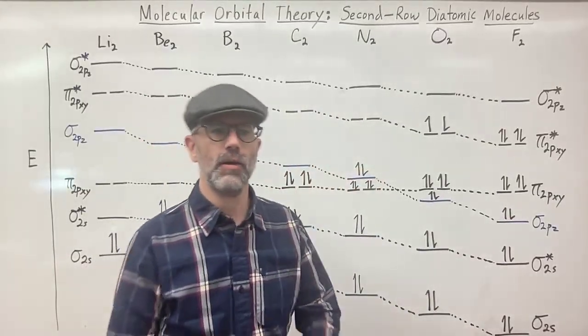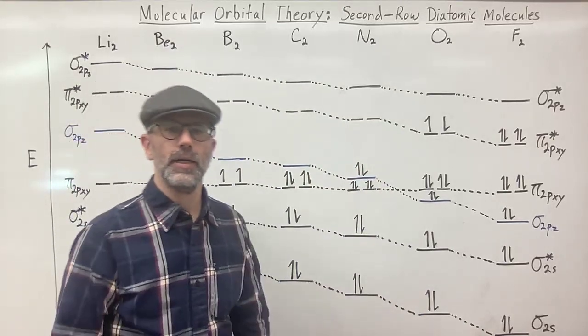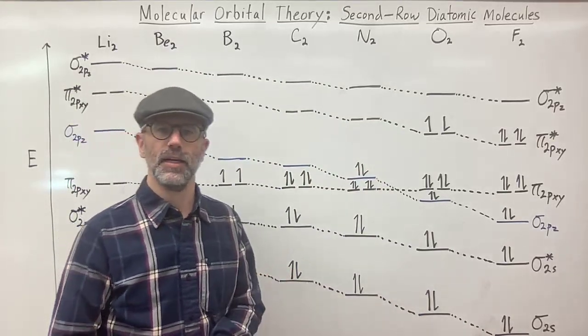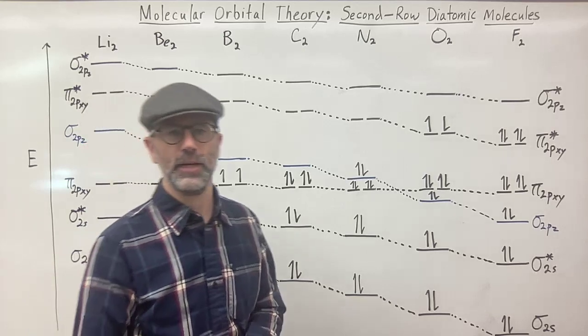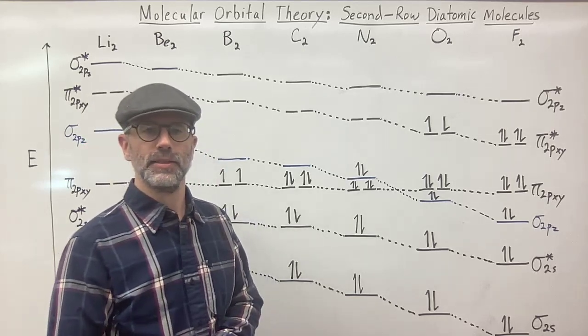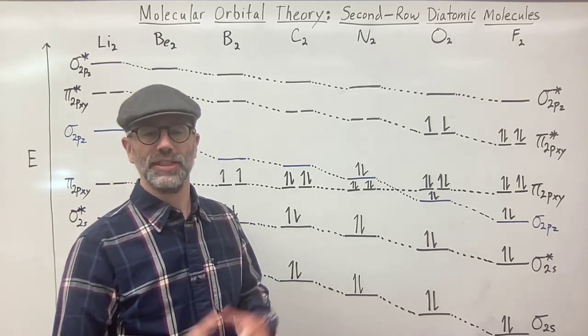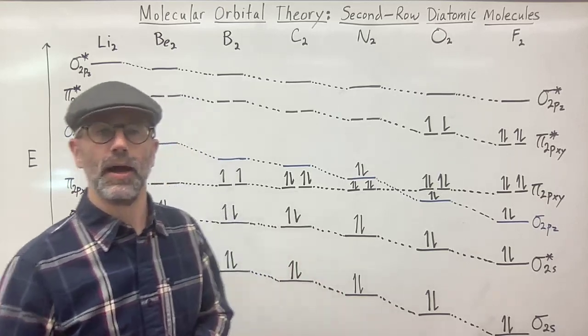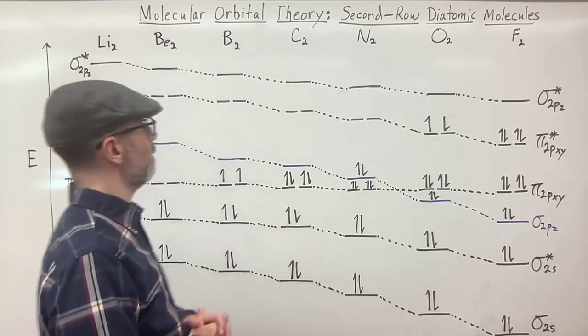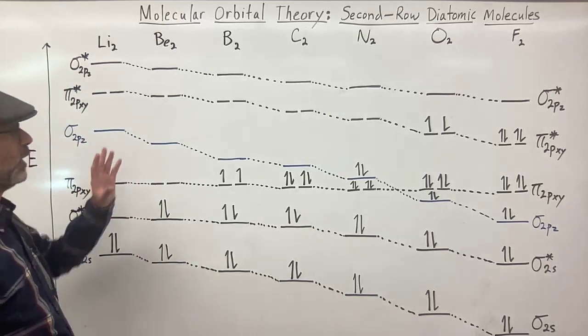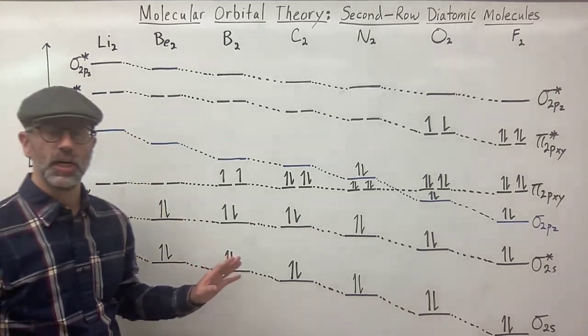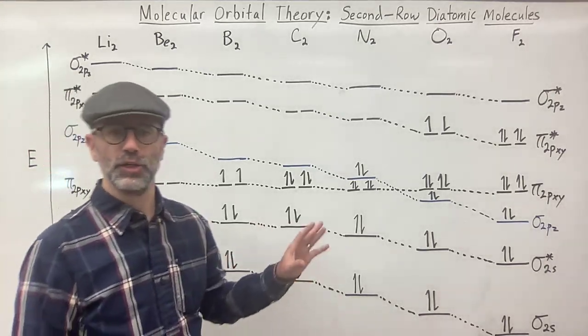Okay, so let's talk about this difference in the molecular orbital energy diagrams for the second period molecules. What you see here is just a simplified version of the molecular orbital energy diagram.